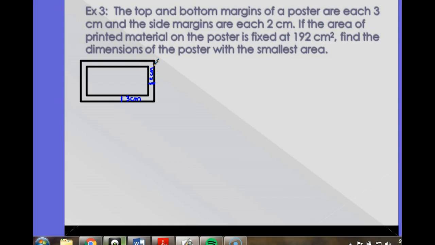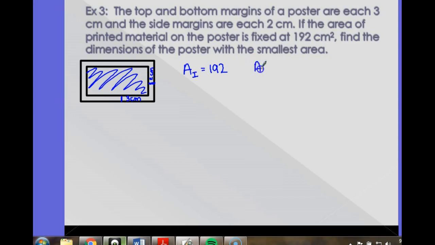If the area of the printed material, so the printed space in here, is 192, so let's say the area of the inside. Find the dimensions of the poster with the smallest area.